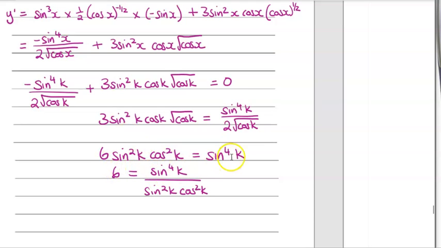So for that we have sine to the 4 k, divided by sine squared cos squared k over here. Now cancelling through the sines, we can cancel out sine squared with a sine squared up here, leaving us with sine squared over cos squared. Now sine over cos is tan, so this is equal to tan squared k, and we're done.